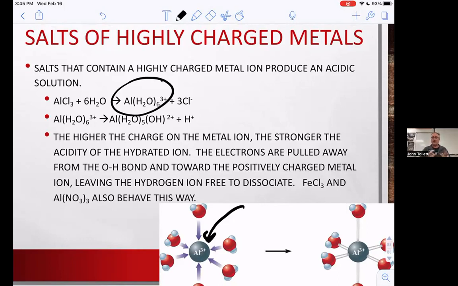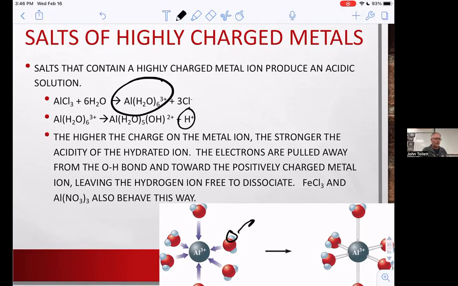If you're given a comparison of one charged metal to another, the one that has the highest charge is going to pull the most on the electrons in the bonds, making the attraction for the hydrogen weaker and thereby allowing it to dissociate. And so this hydrogen will pop off, and you end up with an acidic solution. This doesn't make it a strong acid solution by any means, but they will be stronger the higher the charge of the metal.